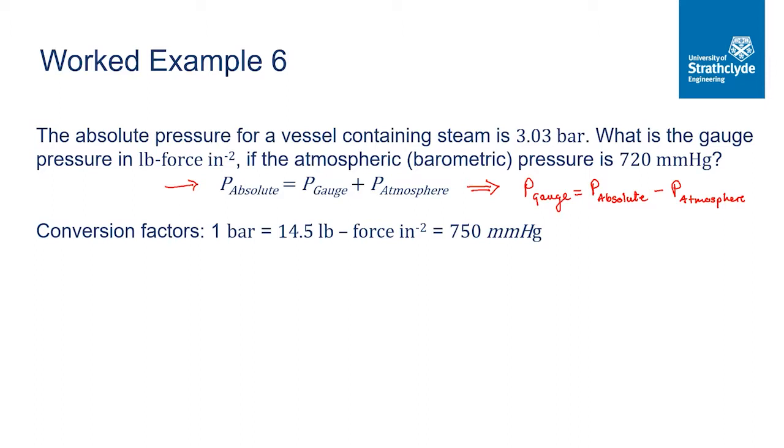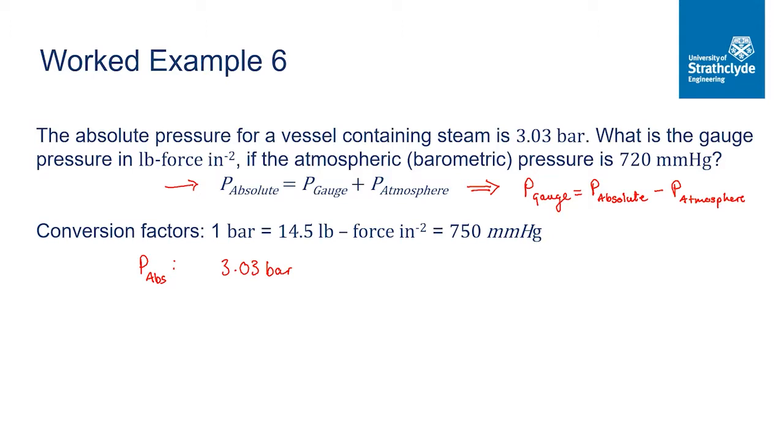So our absolute pressure, let's begin with our P absolute. So we have 3.03 bar, and we're trying to get rid of the bar and replace it with pound force per inch squared. So if you can see, we have a conversion factor which is made up of two equalities.